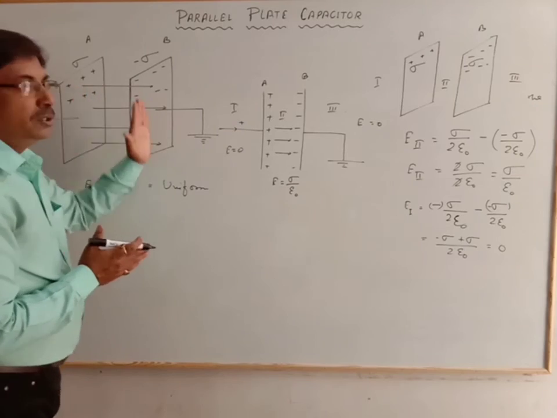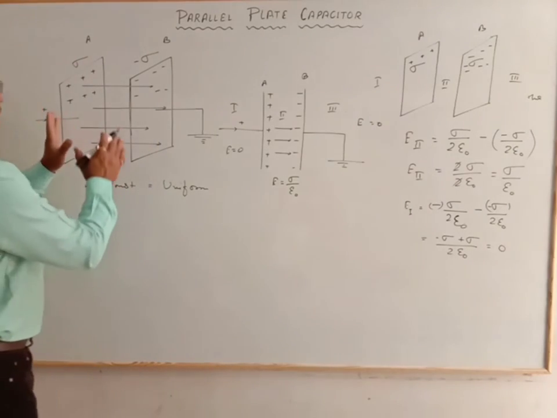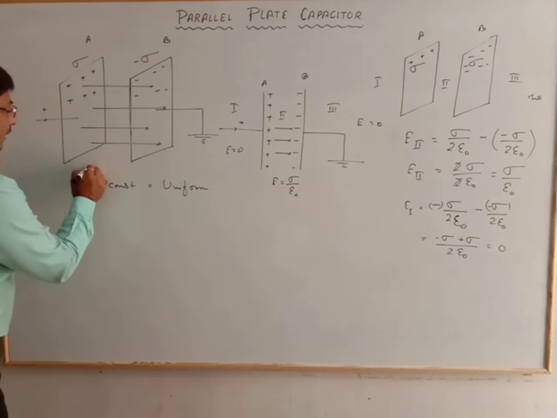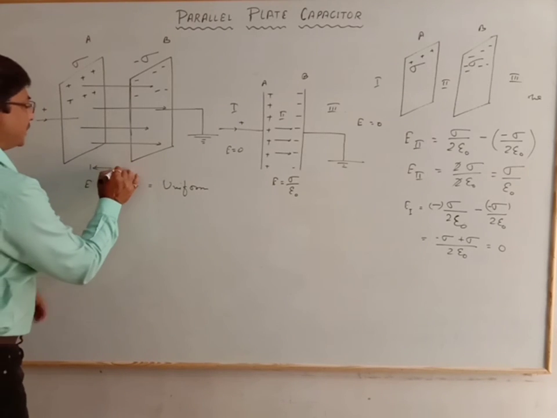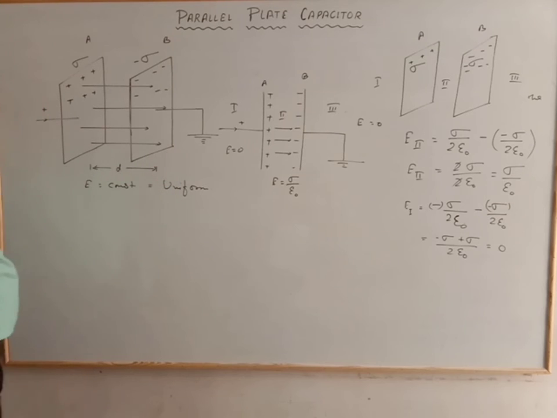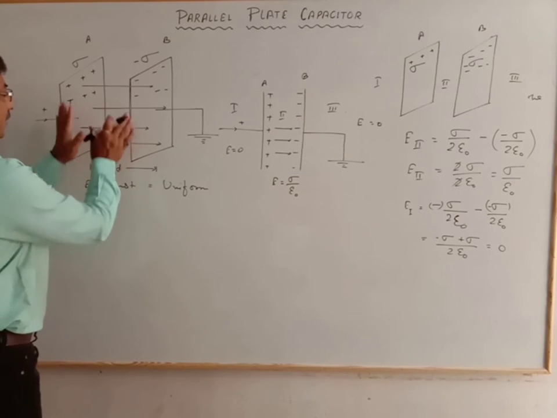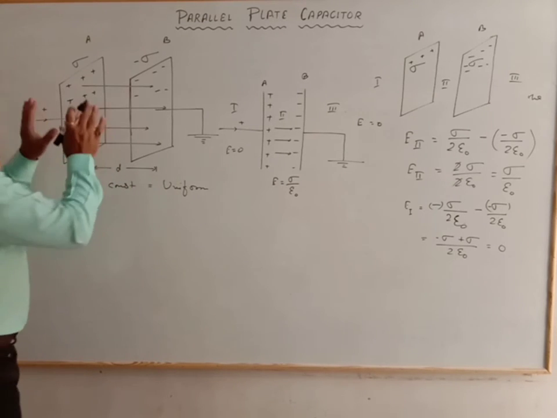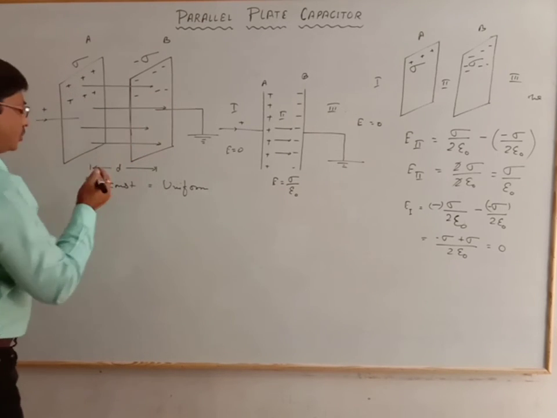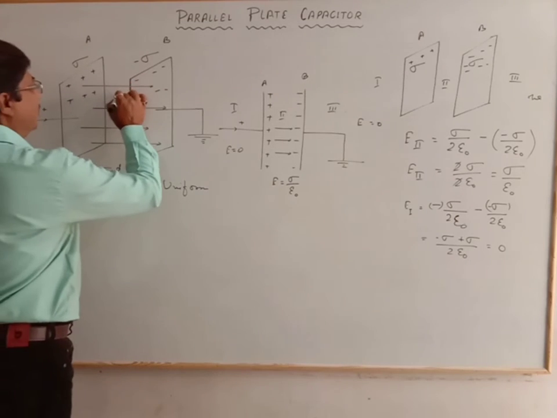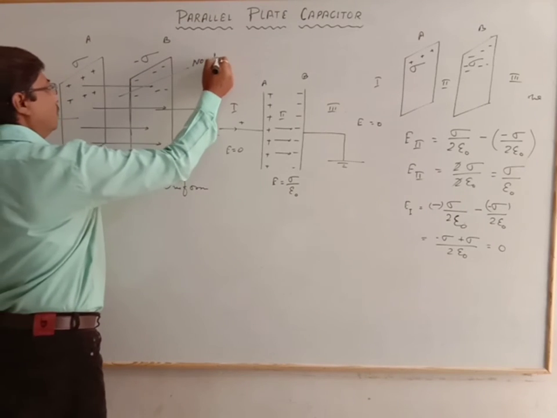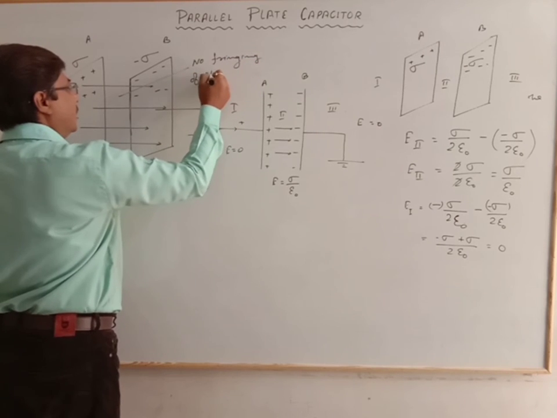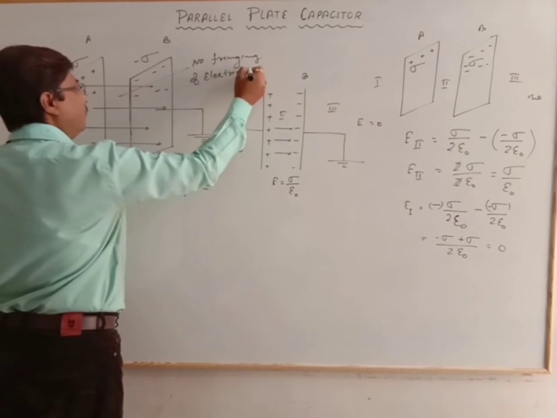Not only that, the value is constant, since the distance between the two plates is also constant, so the electric field is uniform. That means the value is constant, and the most important thing is that there is no fringing of the electric field lines.